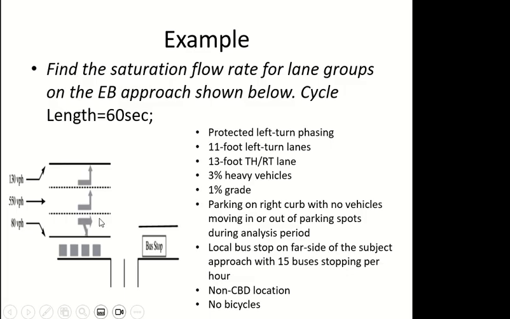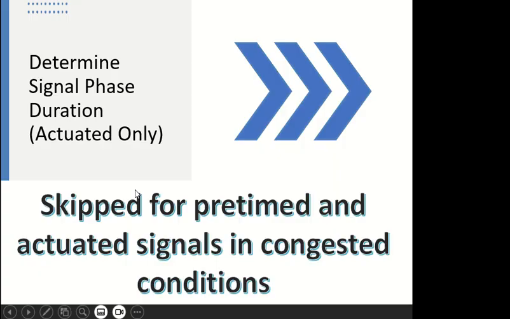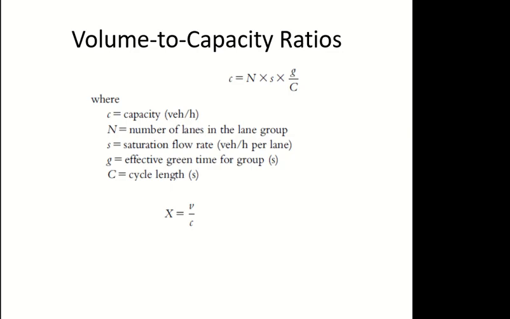You have to pick one of them as a critical one. And then the volume capacity ratio of the critical one becomes the design basis.